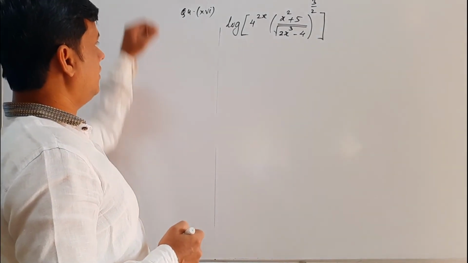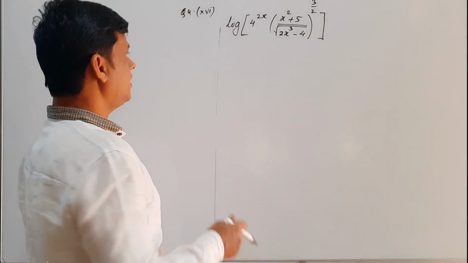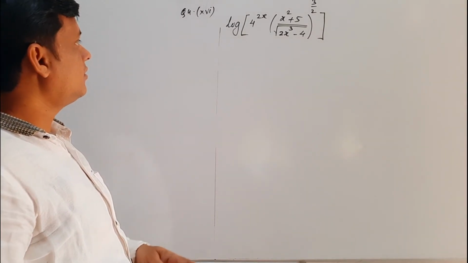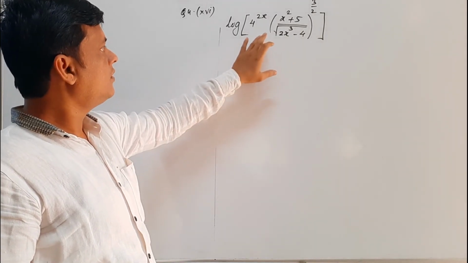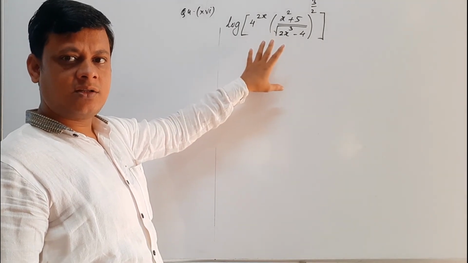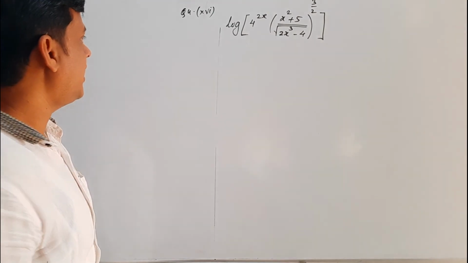Now see the next sub question, question number 16. Here log is the outer function, so we apply the property of log here first. Quantities in product form we write in addition, and quantities in quotient form we write in minus.